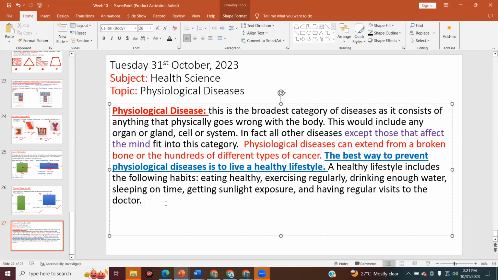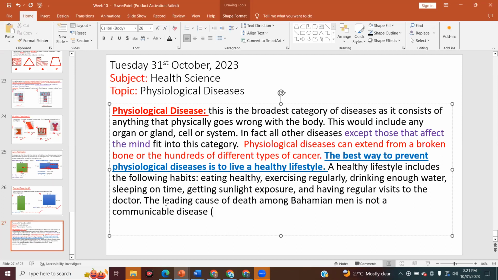So the leading cause of death among Bahamian men is not a communicable disease.